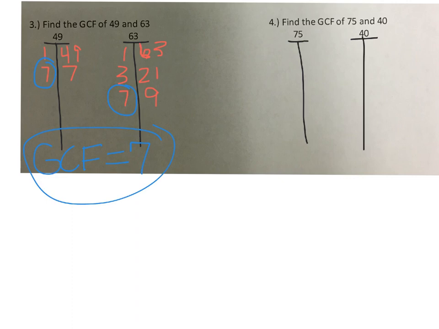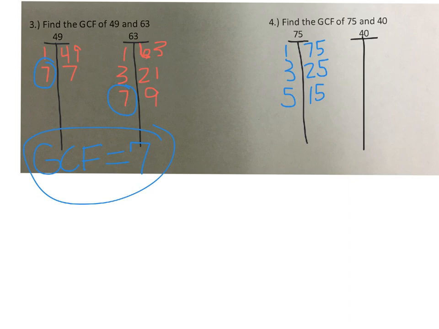Number 4 says find the GCF of 75 and 40. For 75, our factors are 1 and 75, 3 and 25, 5 and 15. That's all we have for the number 75.